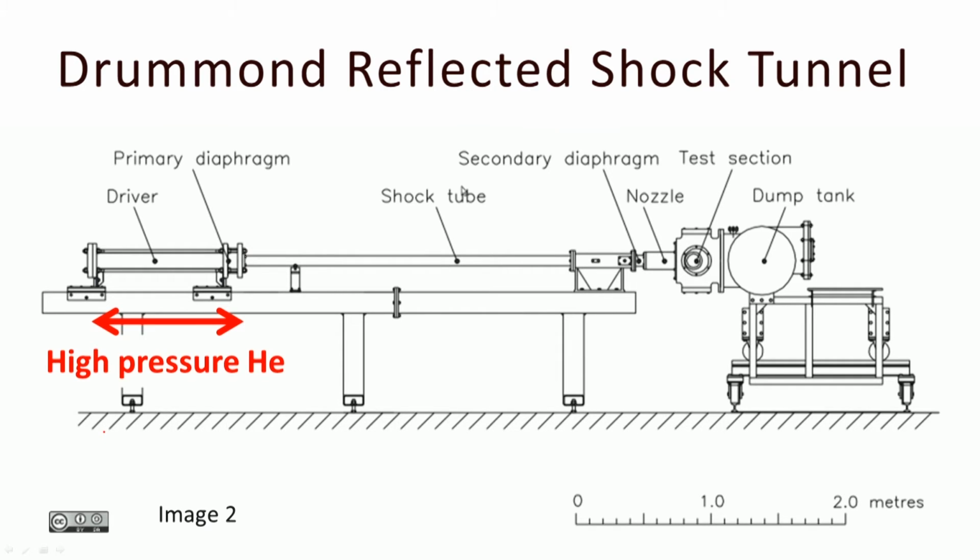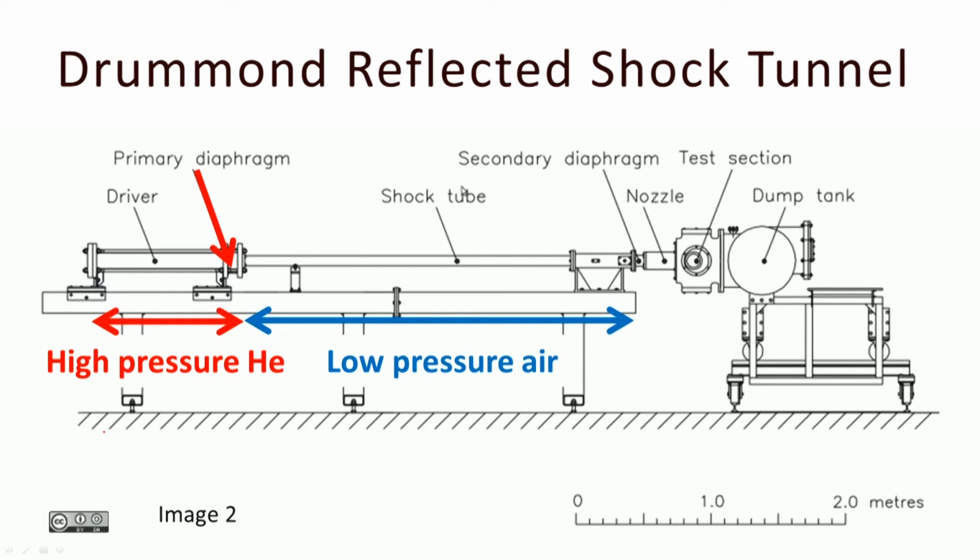At the upstream end, we have a high-pressure helium driver. So this is basically just a tube which is filled to about 3.5 megapascals with pure helium gas. Now separating this tube from the rest of the facility is a 0.5 millimeter thick aluminium primary diaphragm. And this diaphragm forms a sealed closed compartment for the helium.